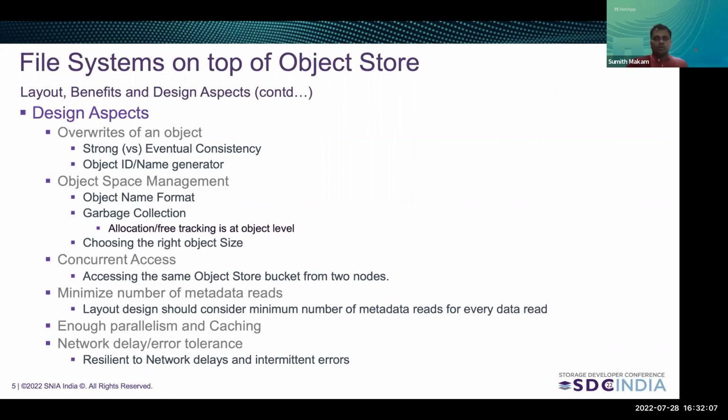Typical object sizes that most applications use are like 2 MB or 4 MB. Another aspect that needs to be considered is concurrent access. That is, if the same object store is being accessed by multiple applications from the same node or from different nodes. Object store can be considered a central storage server, and applications can access it from different nodes at the same time.